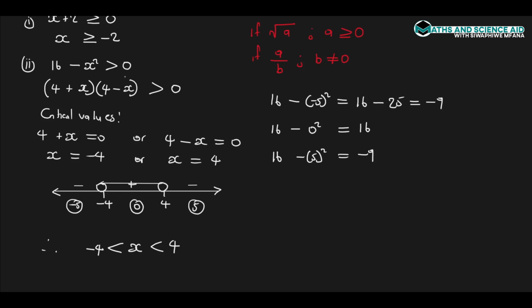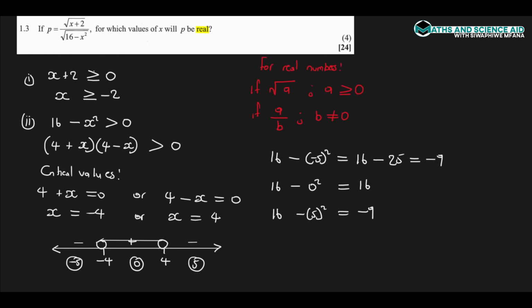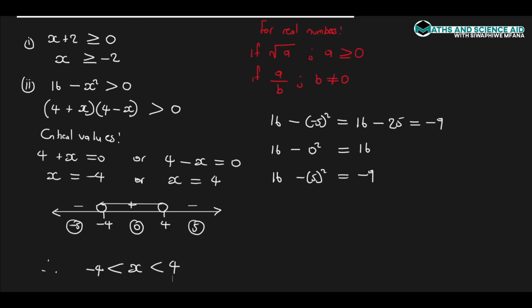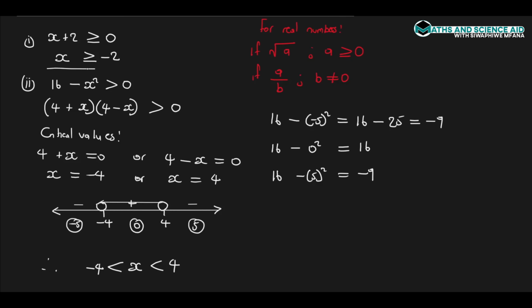So that is the solution for this inequality. And just like that, we have taken into account both of the conditions that would make P real. But now we are not going to leave our answer like this. So basically, we need to find the intersection for these solutions. The best way to do that is with a number line.